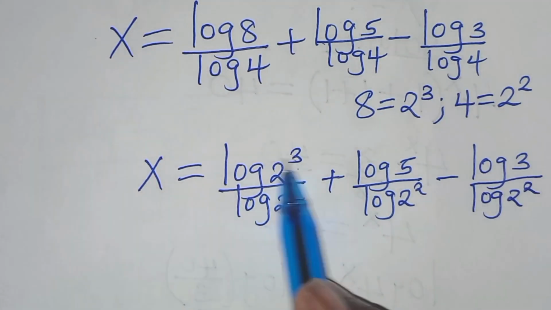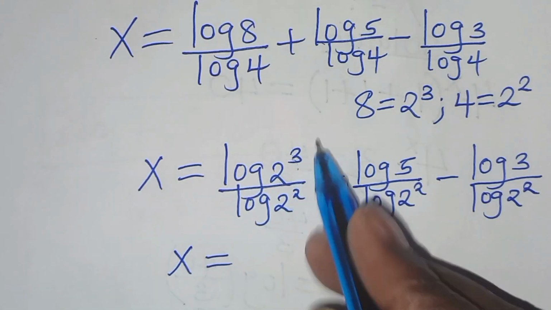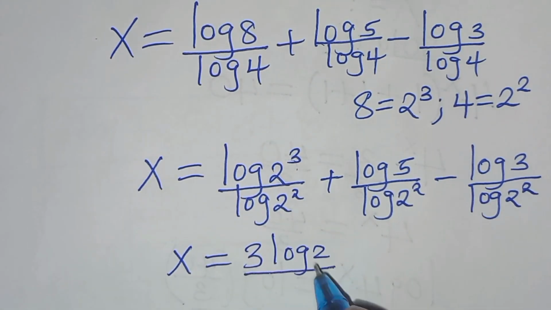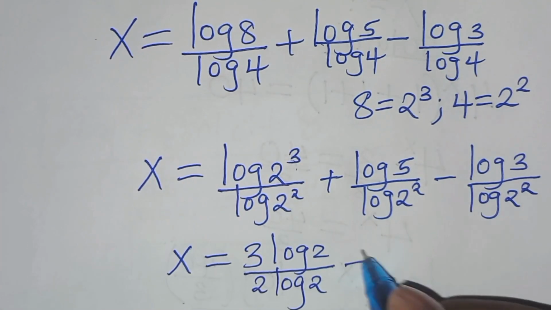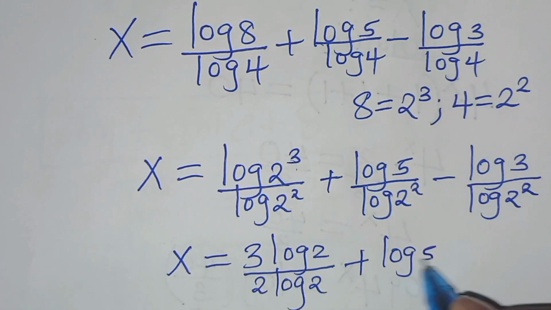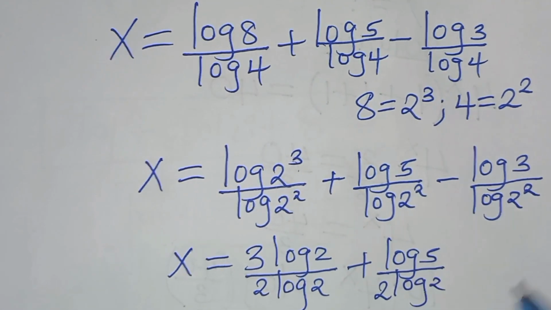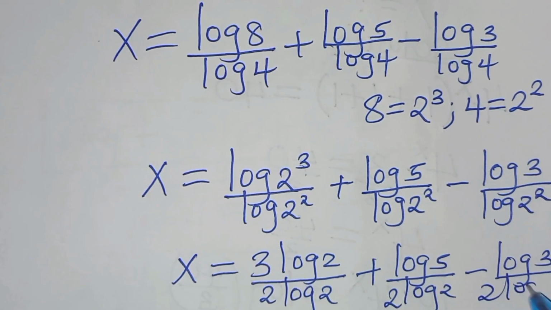Now applying the power rule property here, we'll have x equal to 3 log 2 divided by 2 log 2, plus log 5 divided by 2 log 2, then subtract log 3 divided by 2 log 2.